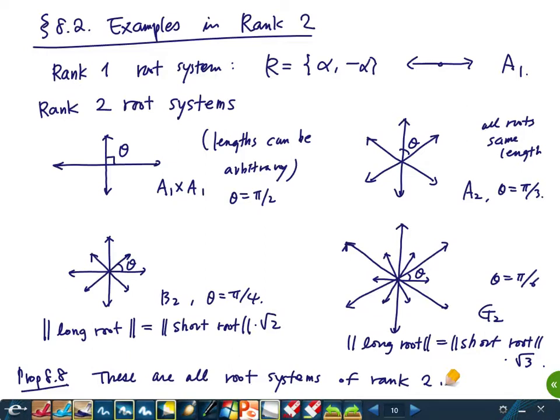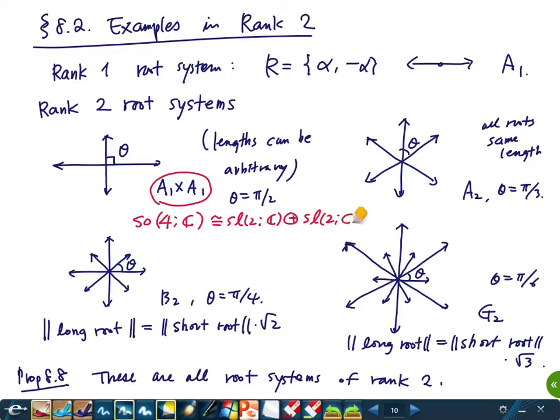Moreover, this A1 times A1 is a root system of SO4 and SO4C, which decomposes into two copies of SL2. That's why the root system is not irreducible. We decompose it into two. And this one we cannot decompose, so it corresponds to a simple Lie algebra, and this case is SL3.